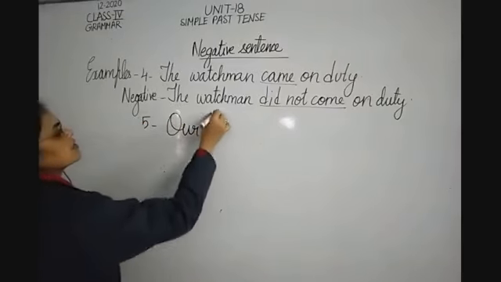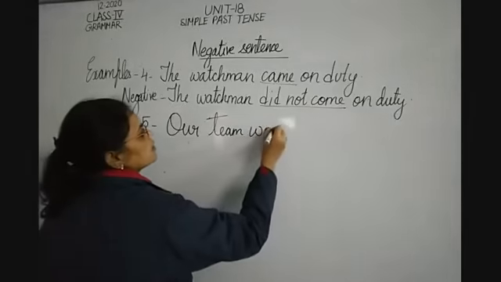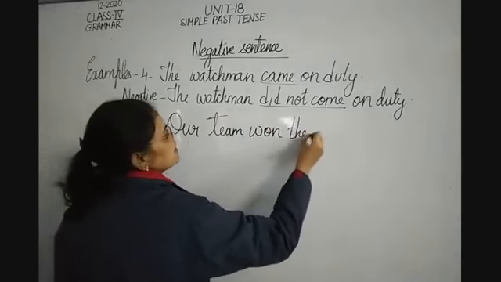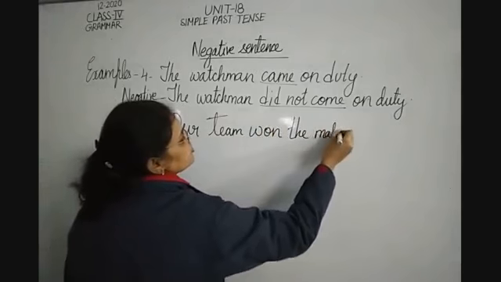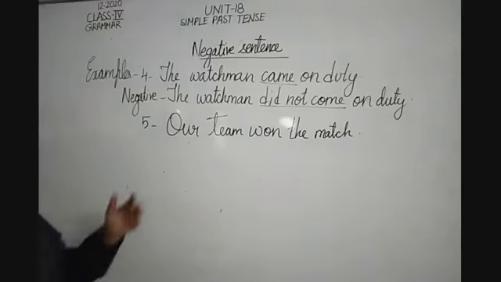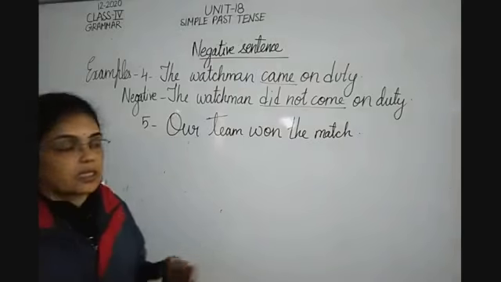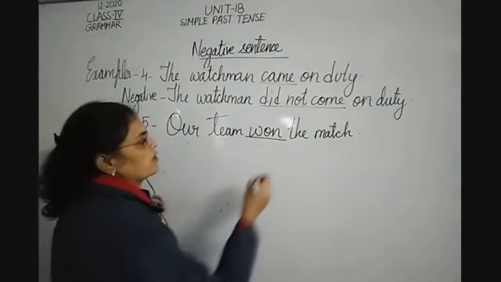Our team won the match. वर्ब कौन सा बेटा? जो भी एक्शन वर्ड है, that is won. Fine.